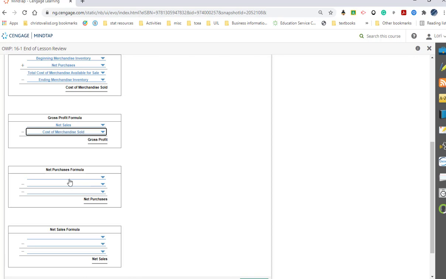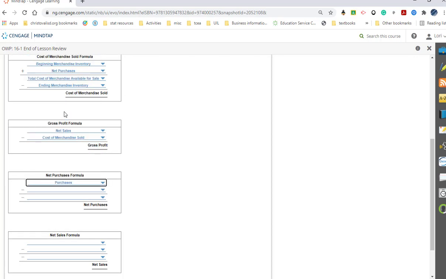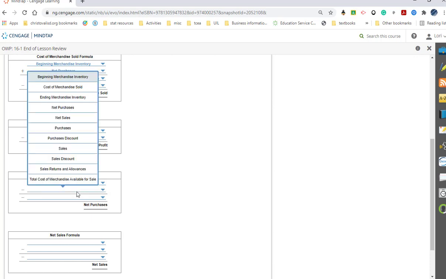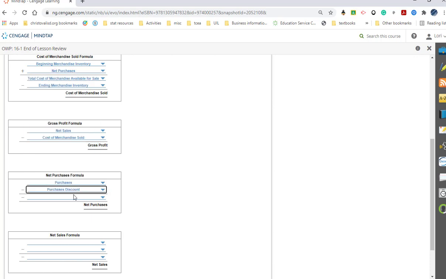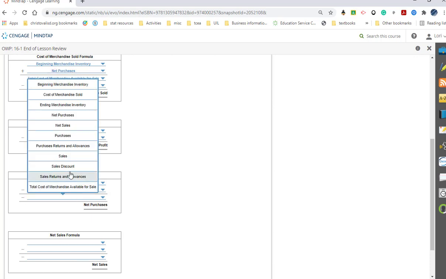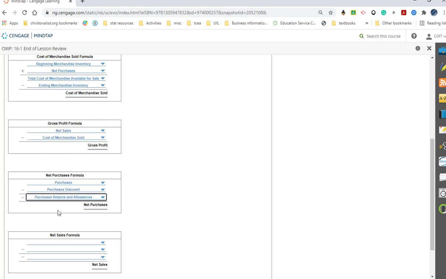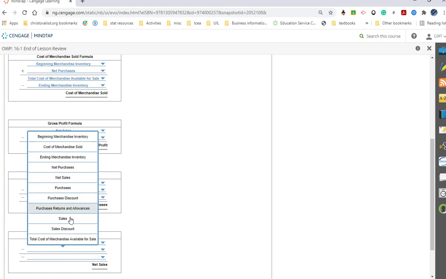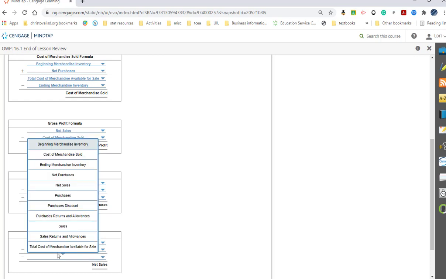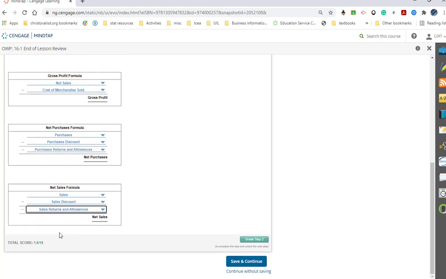Your net purchases is your purchases minus any purchases discounts you've had, minus any purchases returns and allowances. Net sales formula, similar idea: sales minus any sales discounts and minus any sales returns and allowances.